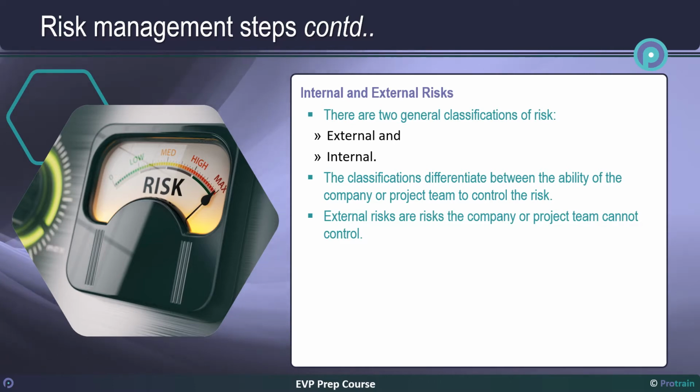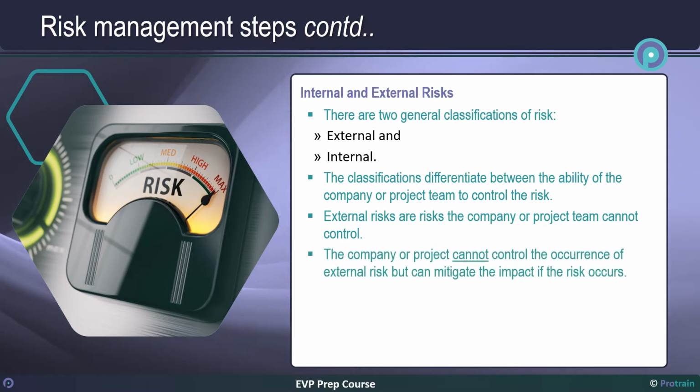Frequently these risks are also strategic and may affect the economy or many companies. Examples of external risks include force majeure risks such as hurricanes, price changes due to market forces, and major labor strikes. The company or project cannot control the occurrence of external risk, but can mitigate the impact if the risk occurs.